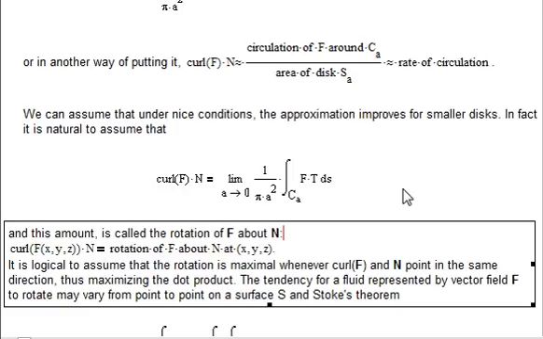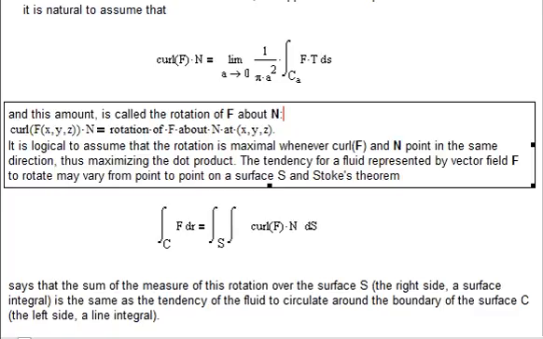The tendency for a fluid represented by a vector field F to rotate may vary from point to point on a surface S, and Stokes' theorem, that's this theorem right here, says that the sum of the measure of this rotation over the surface S, that's the right side of this integral, which is a surface integral, is the same as the tendency of the fluid to circulate around the boundary of the surface C, that's the left side.